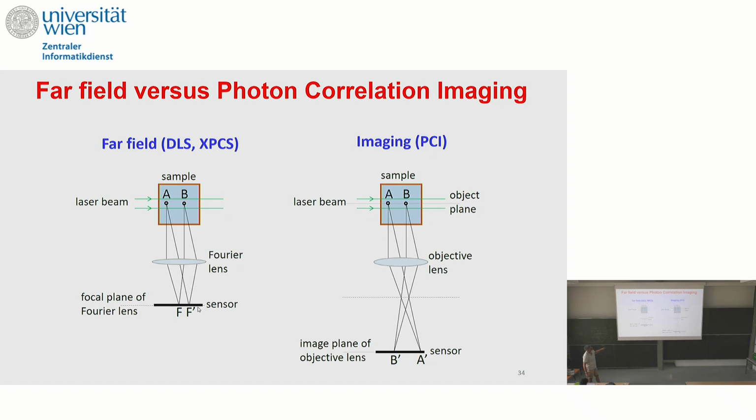So now you have this dotted line here, which shows the object plane, which is imaged by the lens in the image plane, and you put your sensor in the image plane, okay? So what's the difference? Well, here, each point of the detector is illuminated by light that comes from every point here in the scattering volume. They all end up here, and distinct points correspond to slightly different scattering angles. Here, point A at a given location is imaged in a location A prime on the sensor. Point B is imaged on a different location B prime.